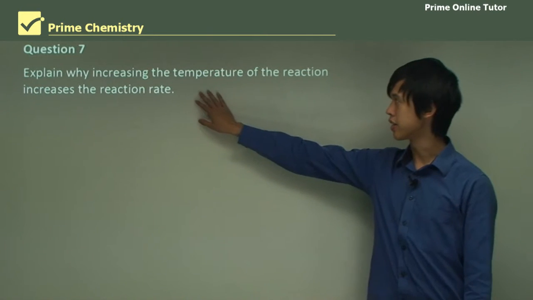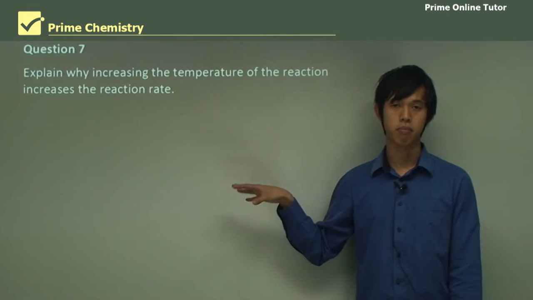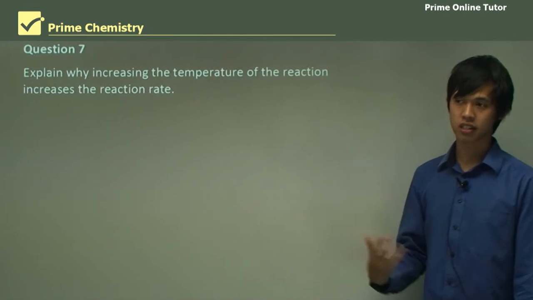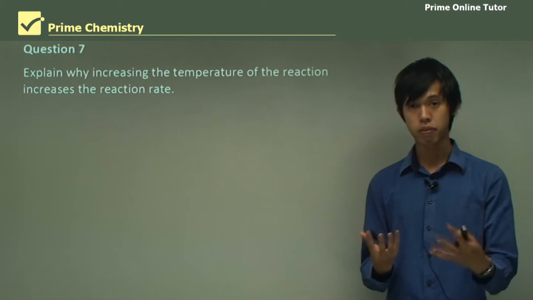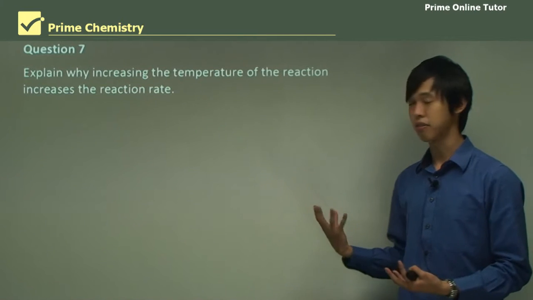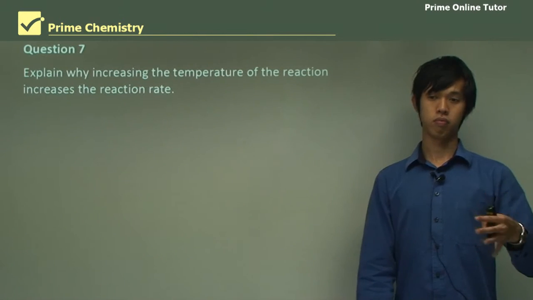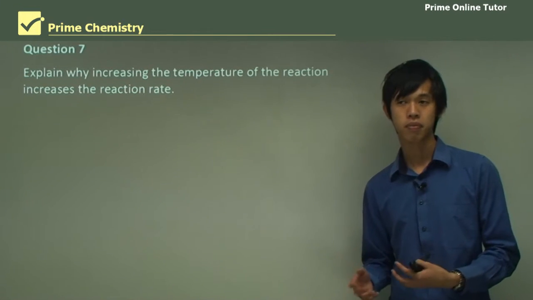So explain why increasing the temperature of the reaction increases the reaction rate. This is directly related to our prac now. Now that we've got a result from the experiment, how do we explain that with our chemistry model? And that's what science is all about. We use science to explain what we see in the lab.